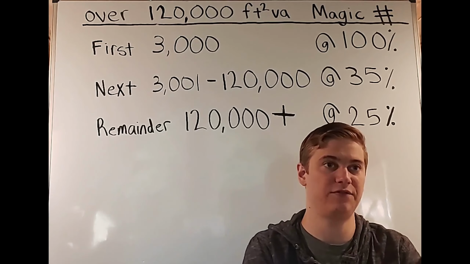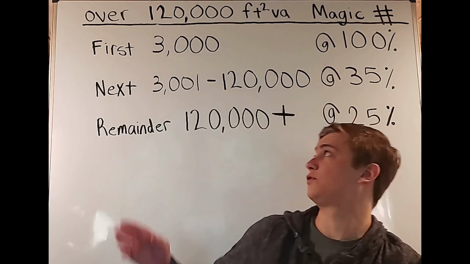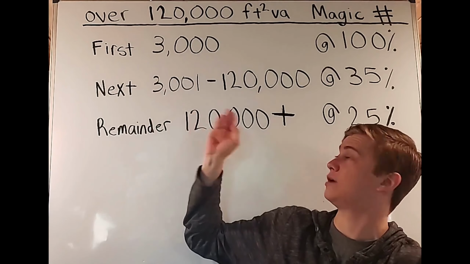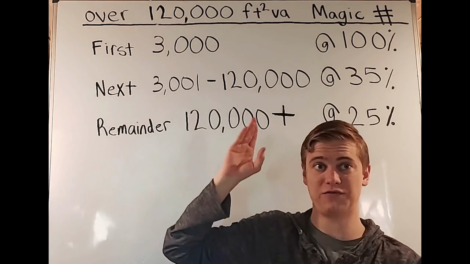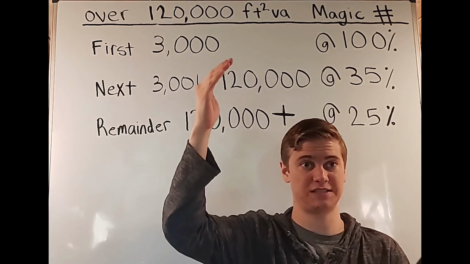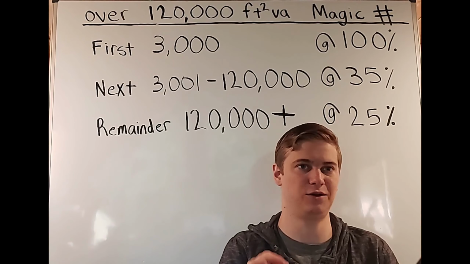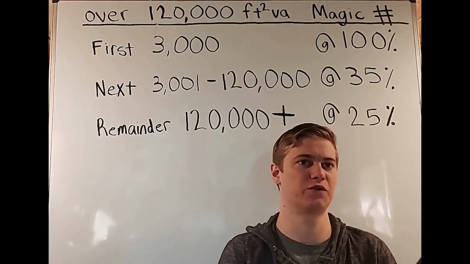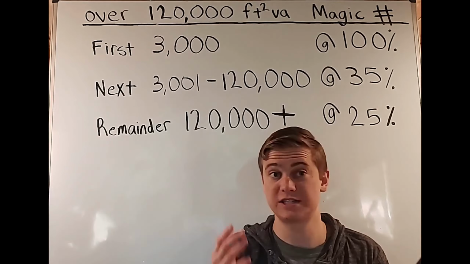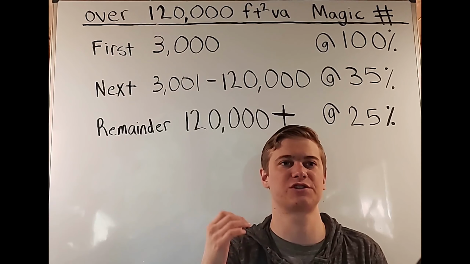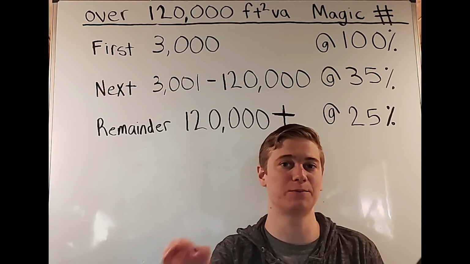So when we have the first two sections here, the first 3,000 at 100%, and then the next 3,001 to 120,000 at 35%, those are two different sections, and those first two sections are always going to equal the same number if we're over 120,000. So let's see what happens when we take 120,000 just through the first two stages and see what number we come up with.